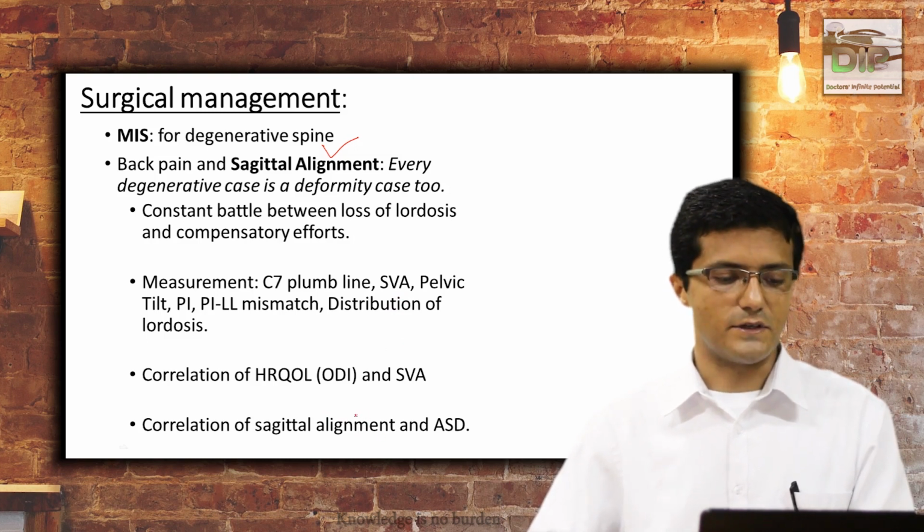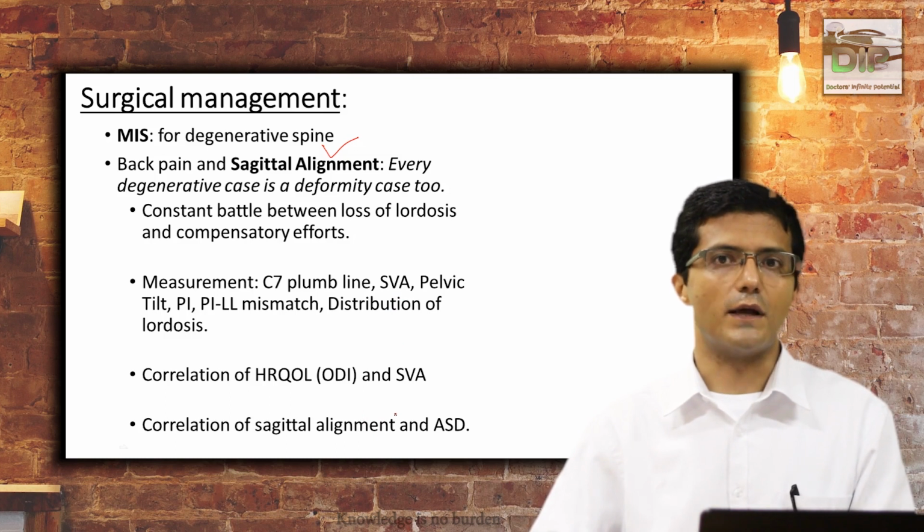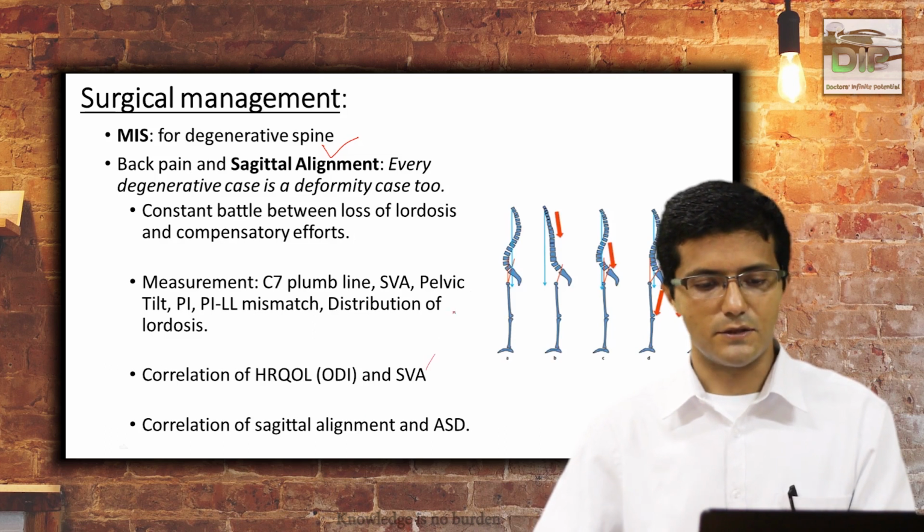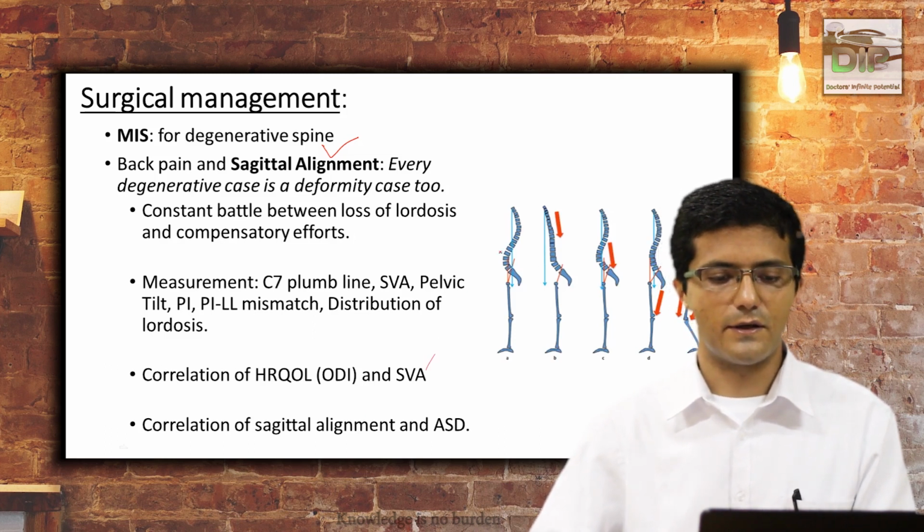There is also a correlation of this sagittal alignment with adjacent segment disease. So if we do not correct the sagittal alignment, the patient will again come for a second surgery because of adjacent segment issues. So these are the different angles we draw.